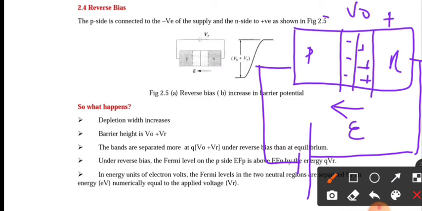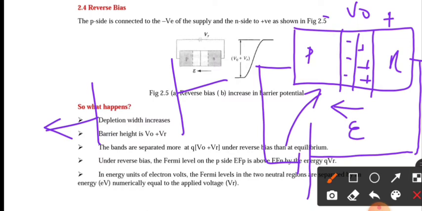The negative charge at this junction will be increased because P is negative, there is already a negative there, and N is positive, there we are giving a positive supply. So the barrier potential will increase and the length of the depletion region will increase, because in the P side we have holes, they will get attracted towards the negative terminal.